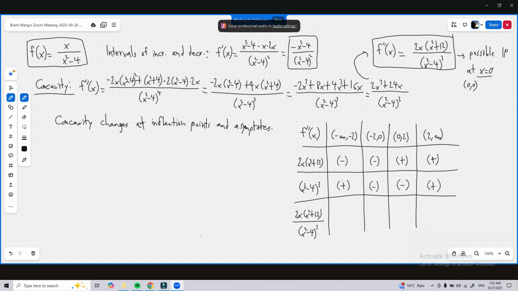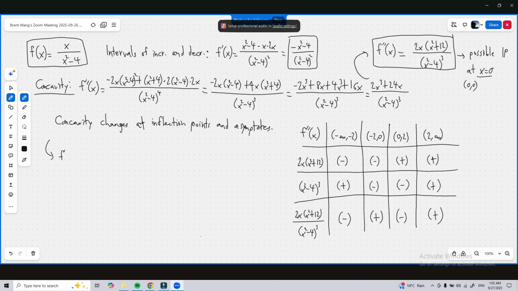Okay, so negative divided by positive is negative. Negative divided by negative is positive. Positive divided by negative is negative. And positive divided by positive is positive. So we know where the second derivative is positive and negative.